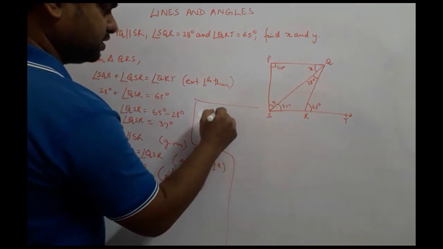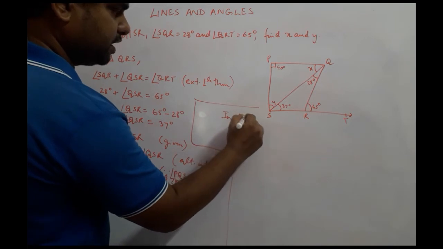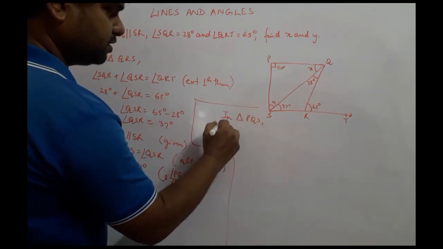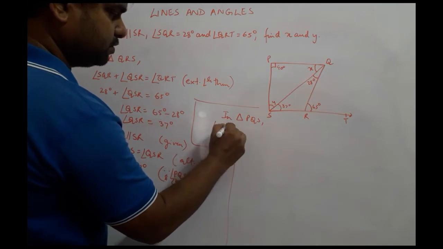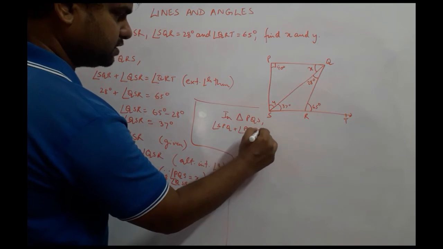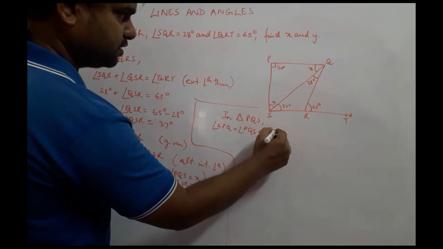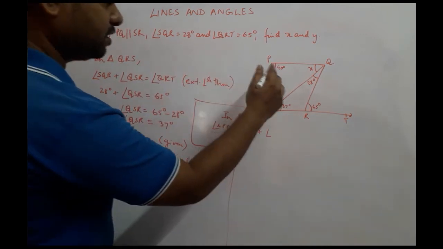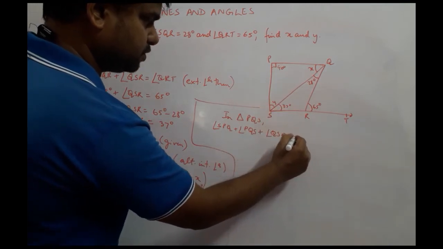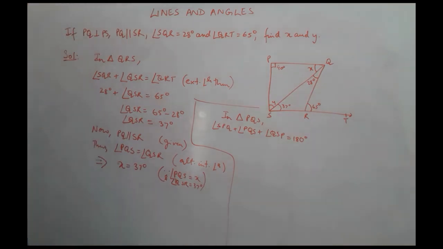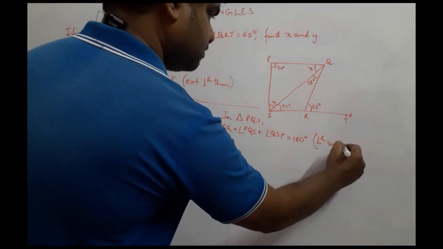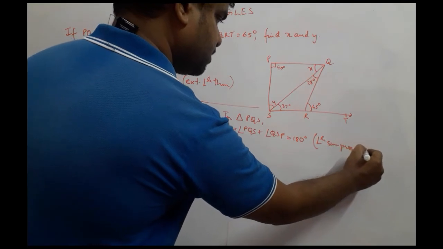So we say in triangle PQS, angle SPQ plus angle PQS plus angle QSP is equal to 180 degrees, and this is by your angle sum property of triangle.